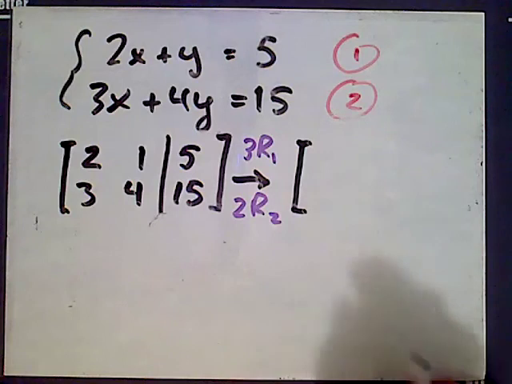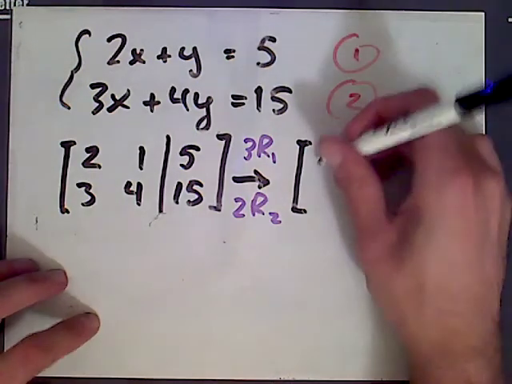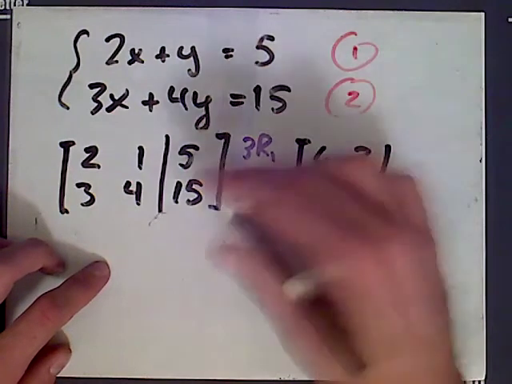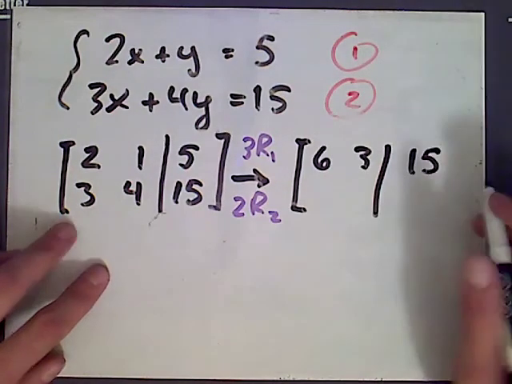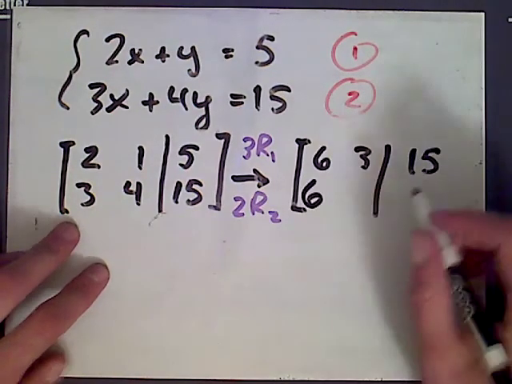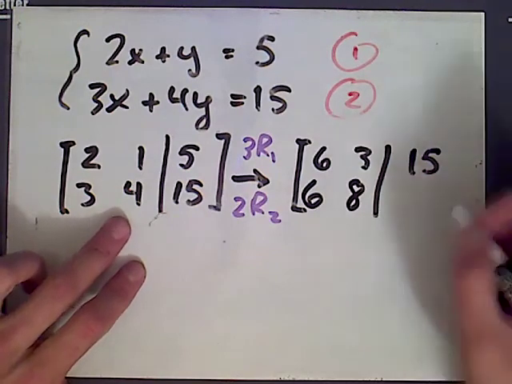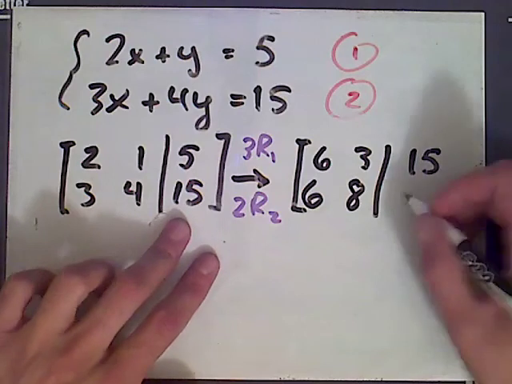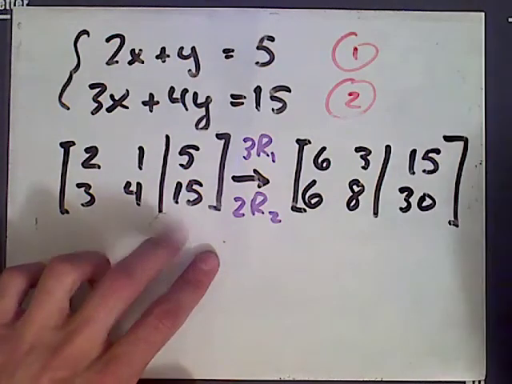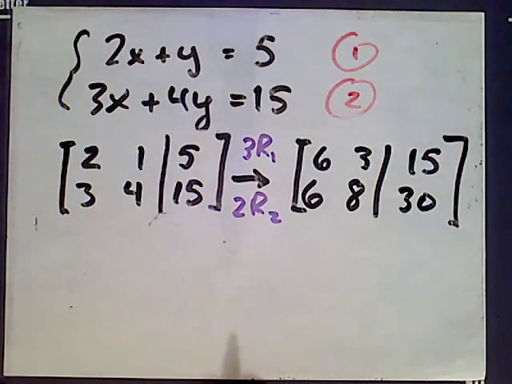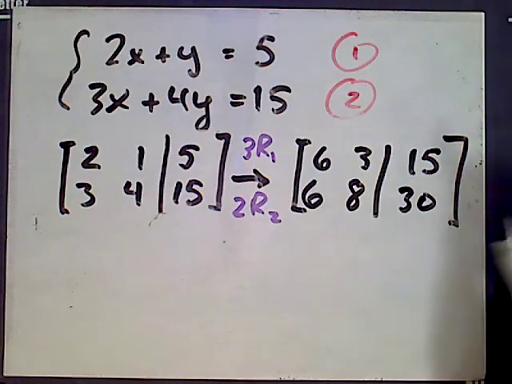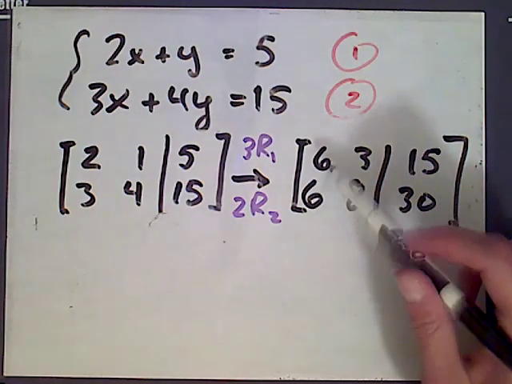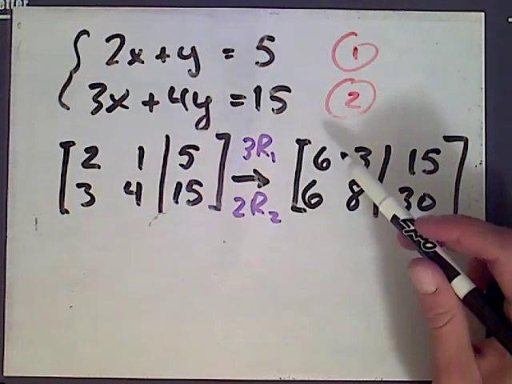What we're left with is 6, 3, 15 on top, and on bottom we have 6, 8, and 30. We did this because now we know we're allowed to take one row and subtract another row from it.